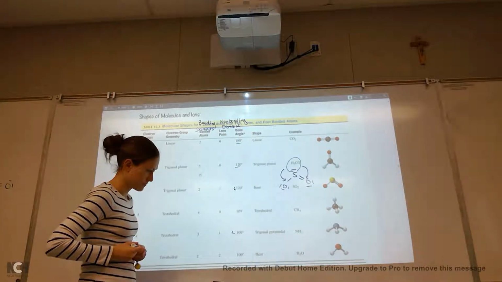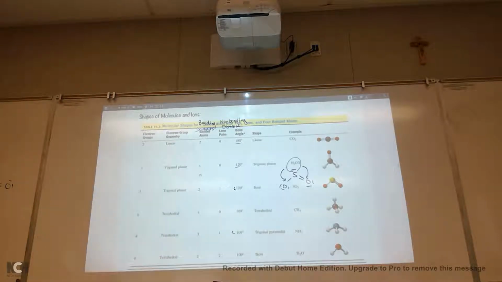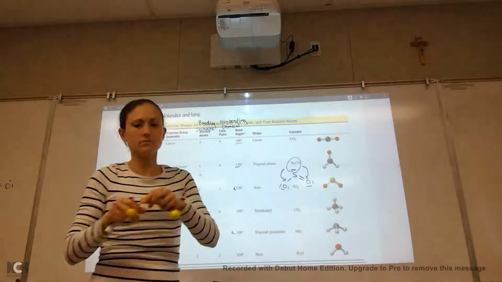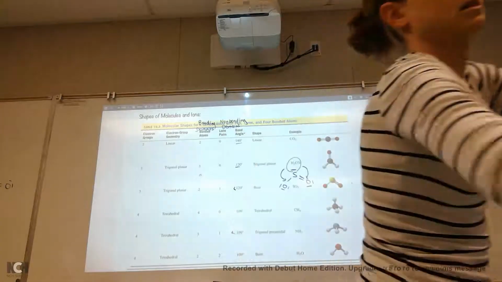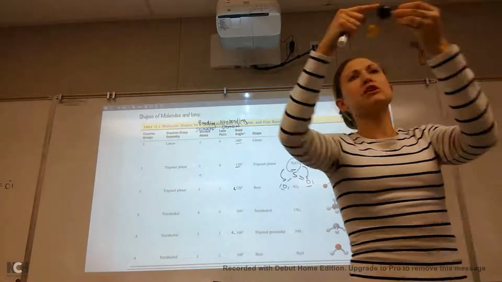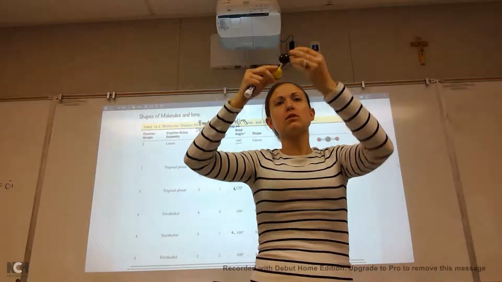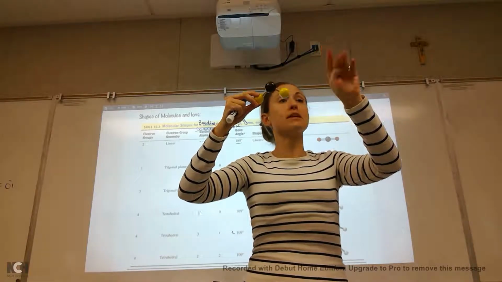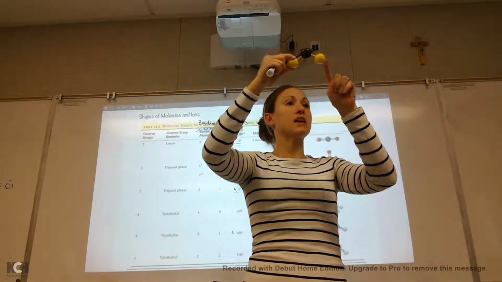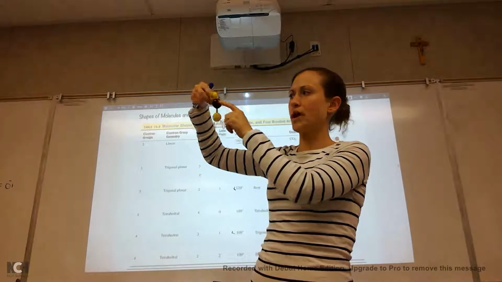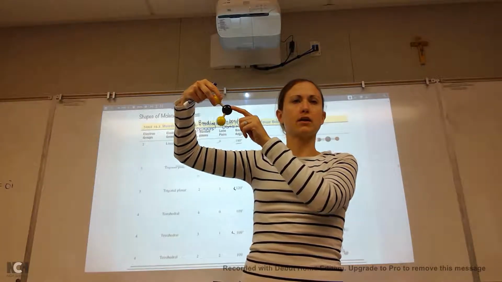Okay, the last one, if you look at this, notice I've got 2 empty holes. So I have a total of 4 electron domains. 2 are bonding. 2 are non-bonding.